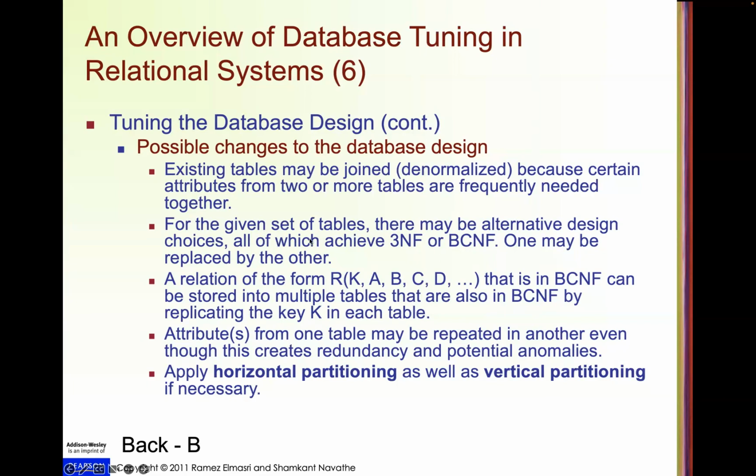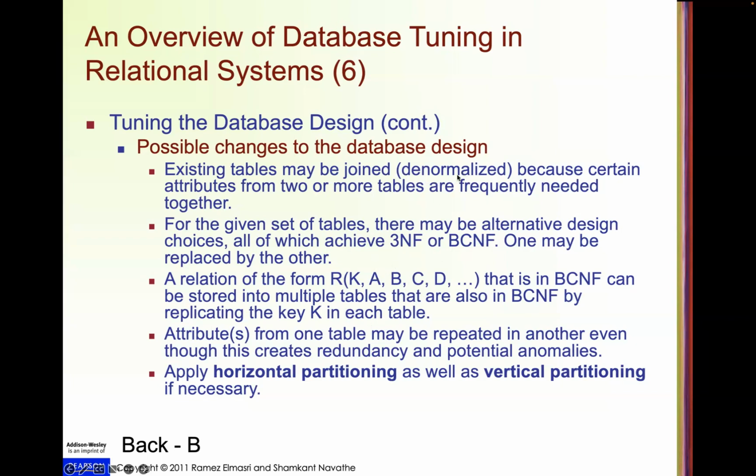So in the second point, we are saying that changing from third normal form to fourth normal form is also a solution. And here it is saying that if you are already in the fourth normal form, we can again divide the table. So one point is saying that denormalizing is possible, and here it is saying that if required, normalization is also a possible solution.